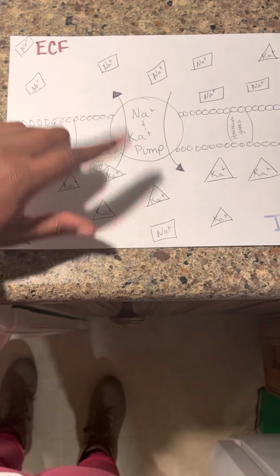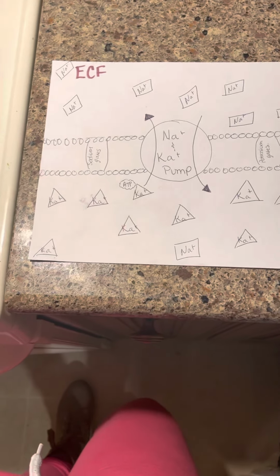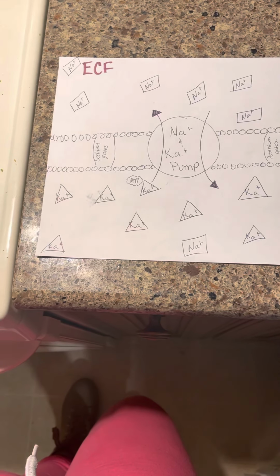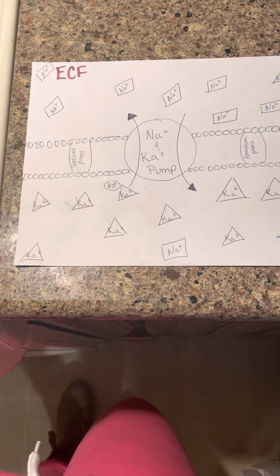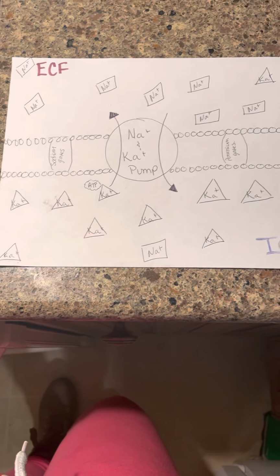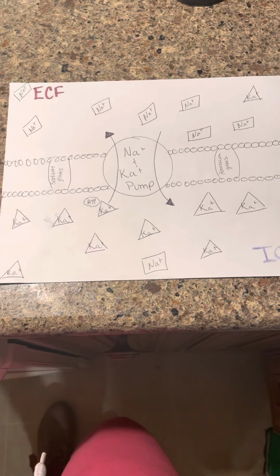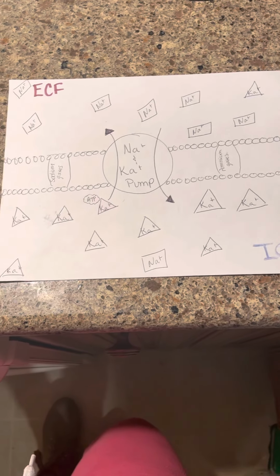So that's shooting out way faster than the sodium is coming in, which then creates that imbalance, which we would consider an electrical potential. So basically the difference, with this one having more than the other, we would describe as an electrical potential.